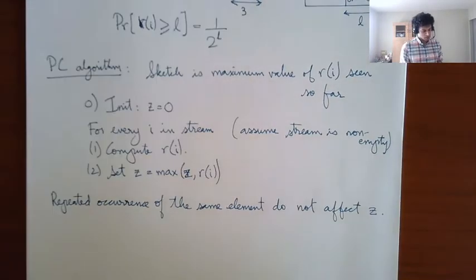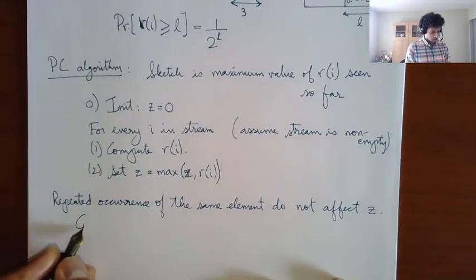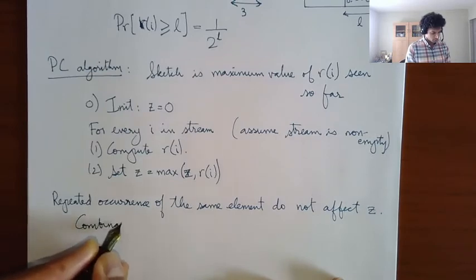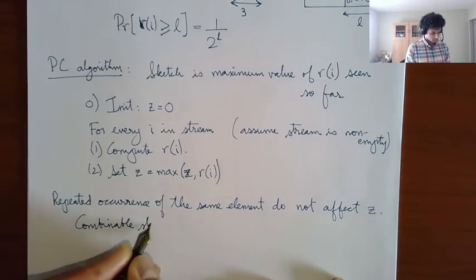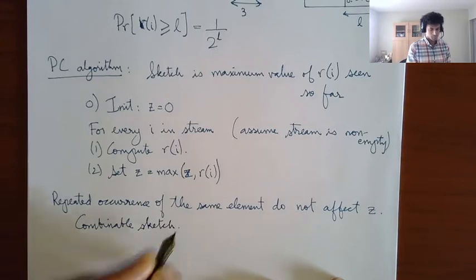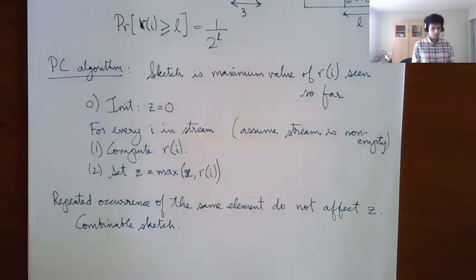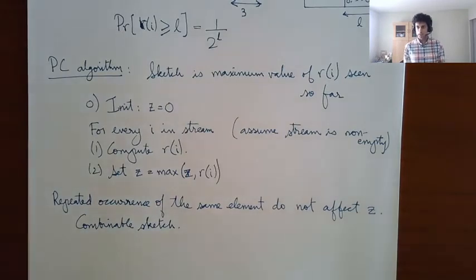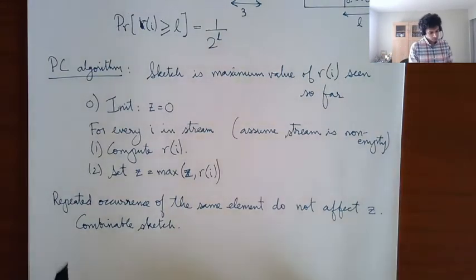So this is a combinable sketch. Does this make sense? Because all you're doing is maintaining the maximum value. So if you have a collection of sketches, you can just take the maximum amongst those.